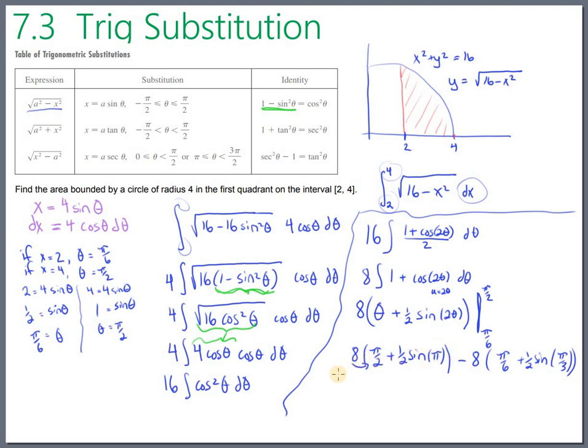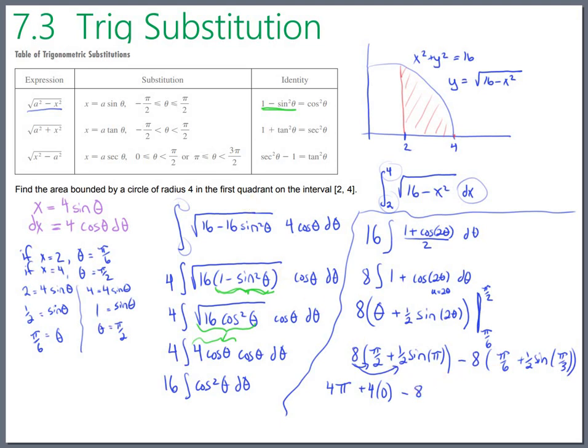So distribute the 8, that would be 4 pi. Distribute the 8 there, that would be 4 sine of theta. Sine of theta happens to be 0. And then minus, 8 times pi over 6 is 4 pi over 3.